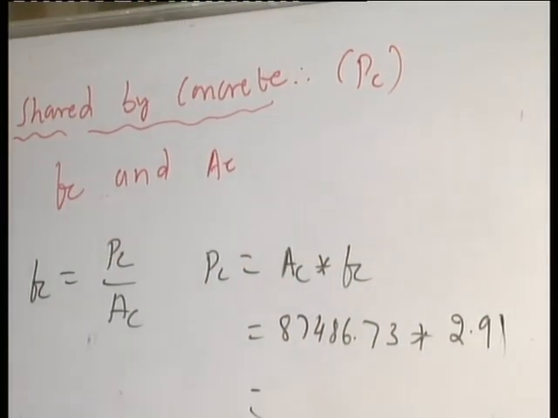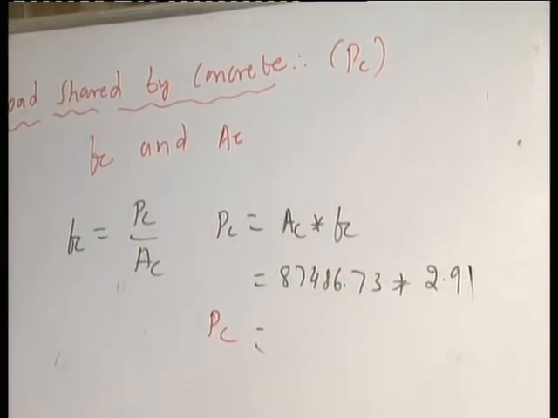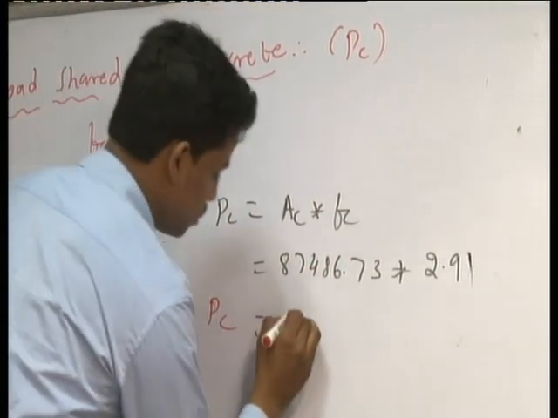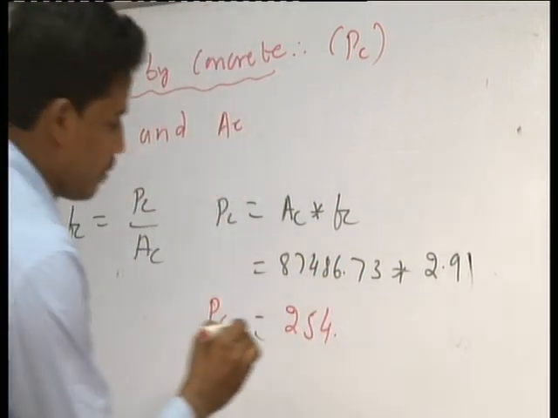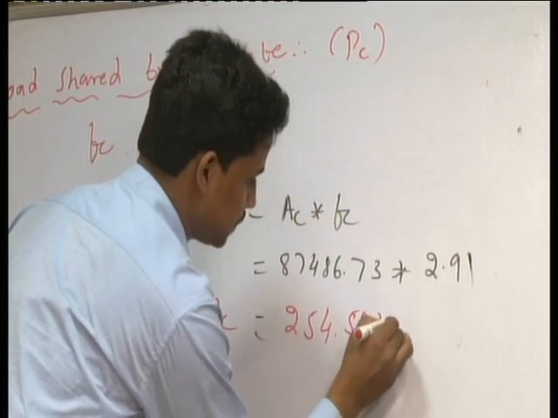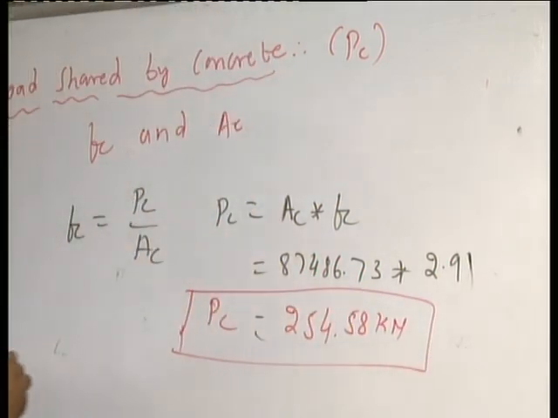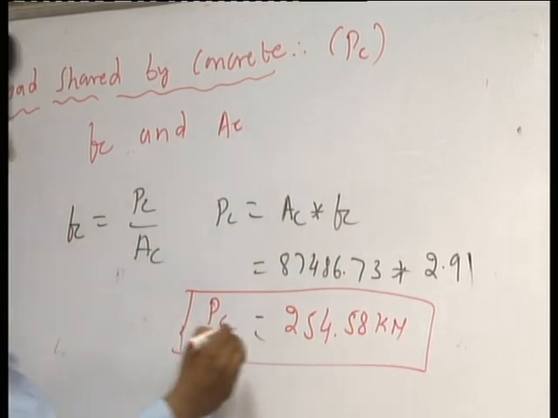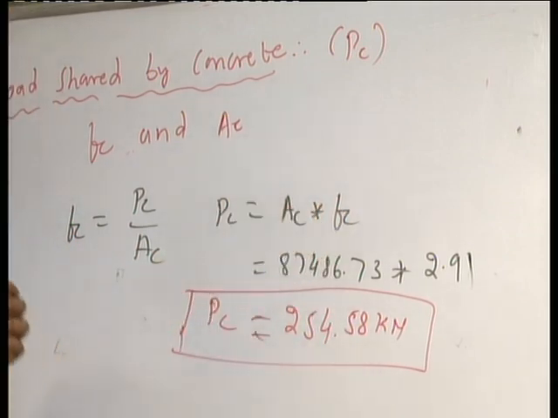If you multiply them, we will get the load shared by concrete, that is 254.58 kilonewton. This is the actual load shared by the concrete. If you multiply the area by the stress, we will get the actual load shared by that particular material.